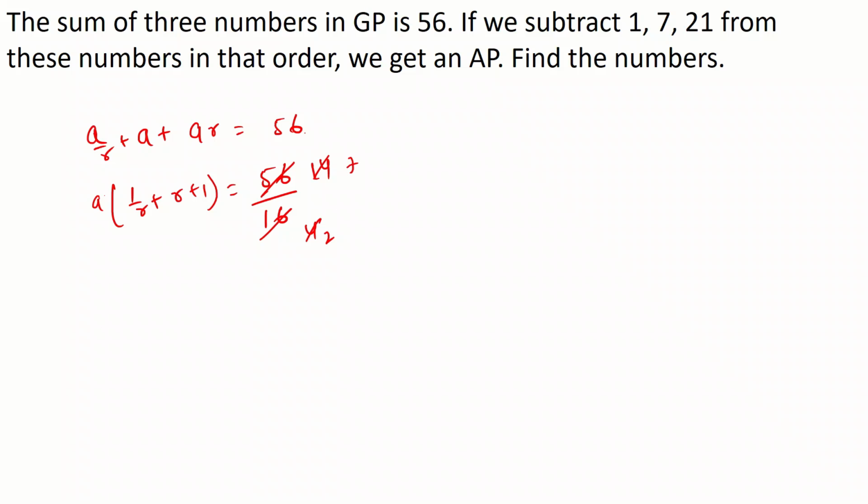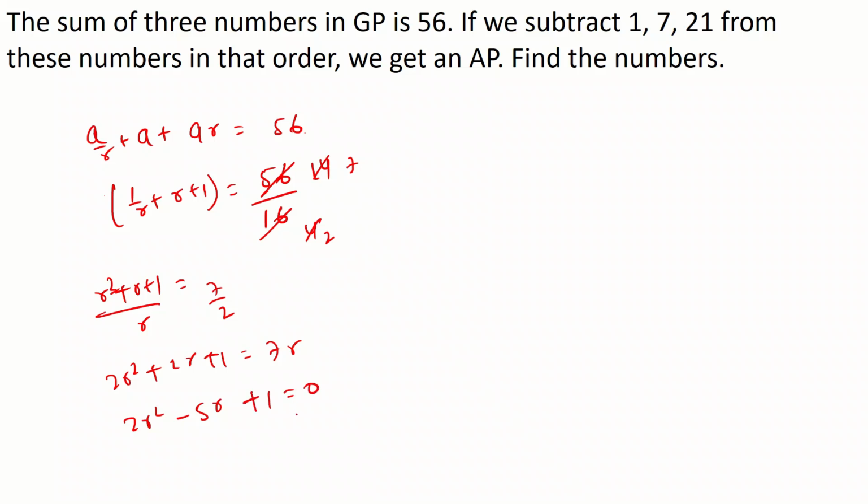So 7 by 2, there will be no a over here. So now r square plus r plus 1 divided by r is equal to 7 by 2. So 2r square plus 2r plus 2 is equal to 7r. 2r square minus 5r plus 2 is equal to 0.